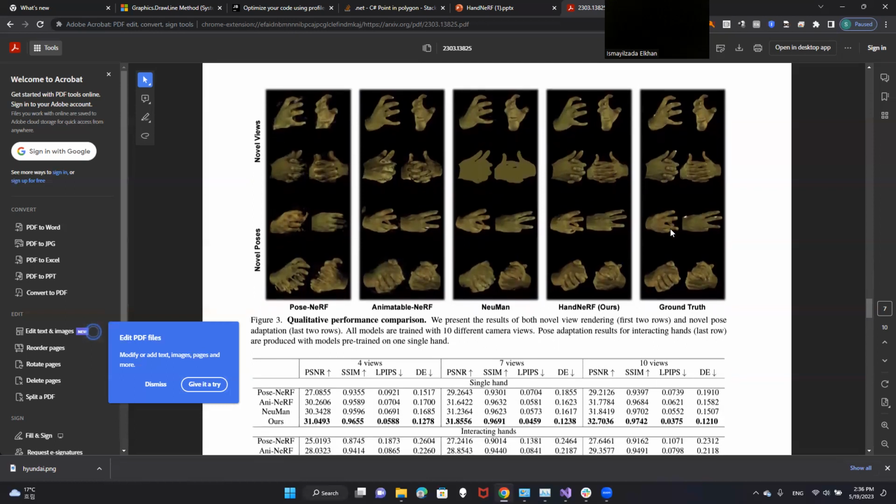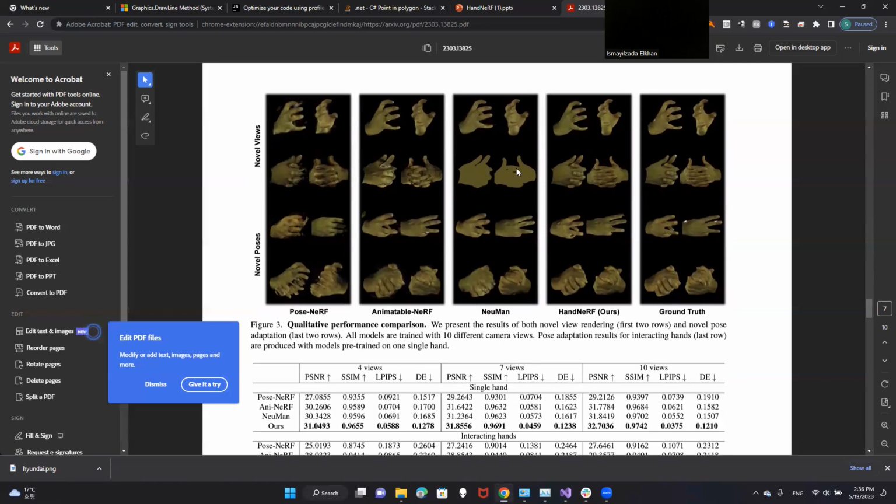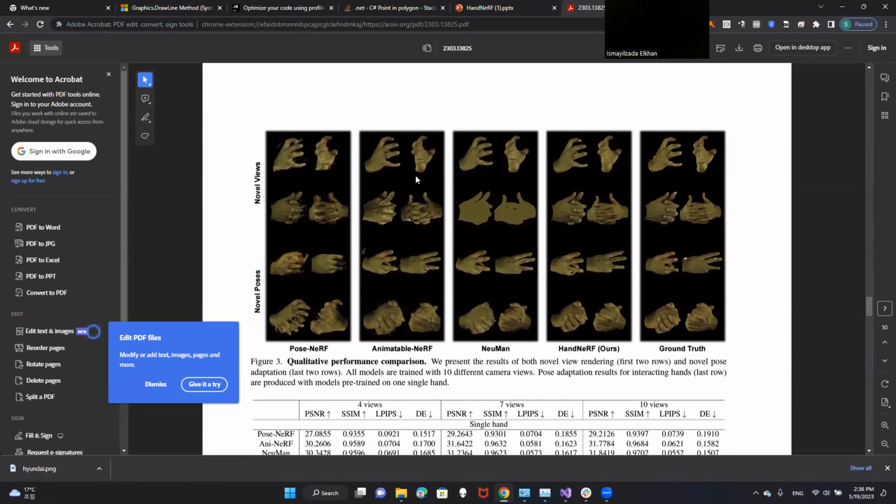They do not represent any input in this figure. They represent only two random images from some video, the same image from different angles.